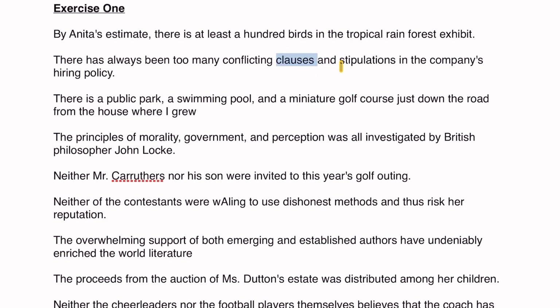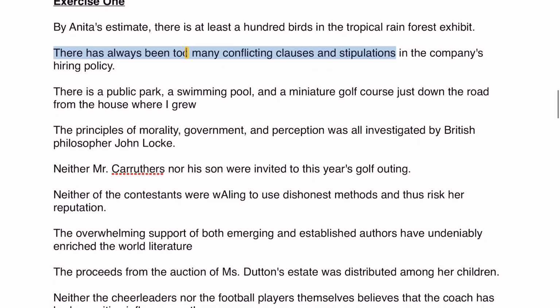So clauses and stipulations دول plural. والverb is has دي singular. ينفع؟ لا. شيل بقى in the company's hiring policy الغيها خالص واقرا لي. There have always been too many conflicting clauses and stipulations. تمام؟ ده كده inverted والverb جه قبل النون.